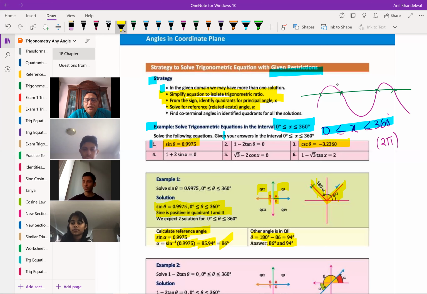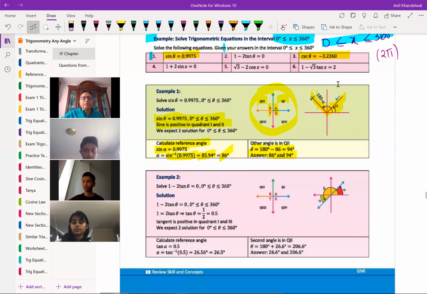We use the CAST rule to figure out where the solutions may lie, then take help of the related acute angle and use common sense to find both solutions. Clear?